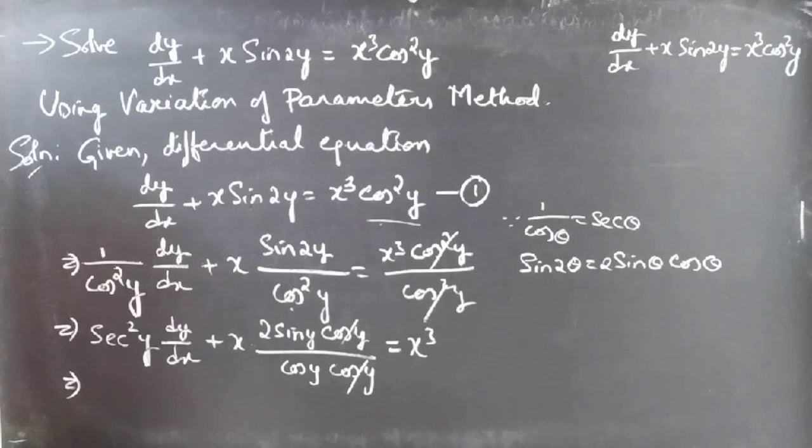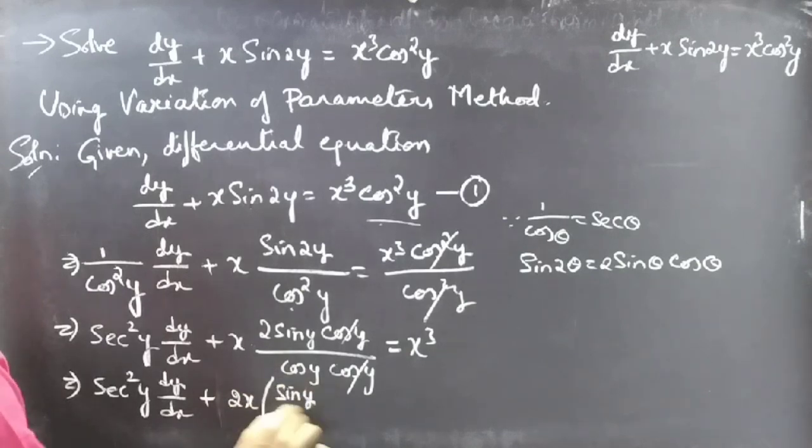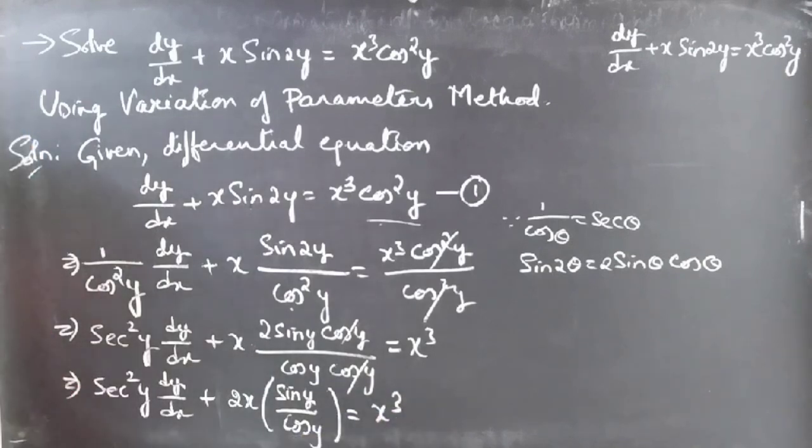This gives us secant square y into dy by dx plus 2x into sine y by cos y equal to x cube.